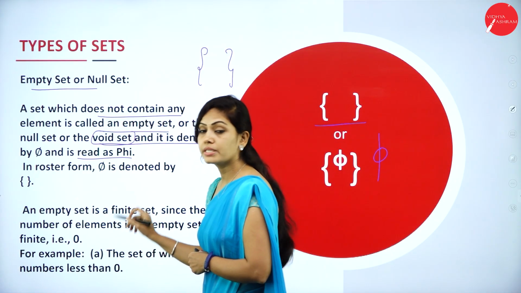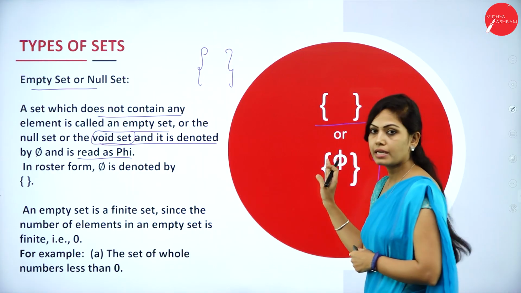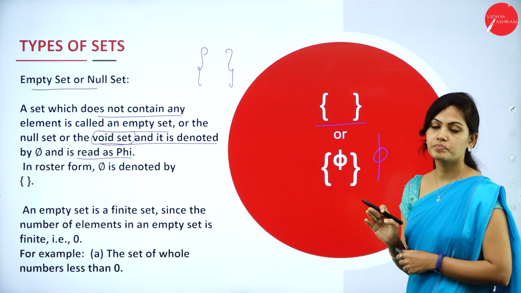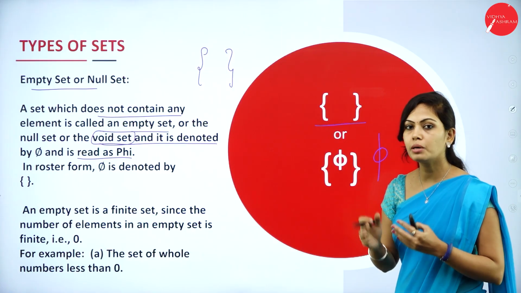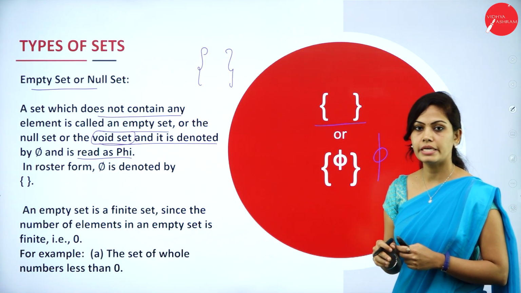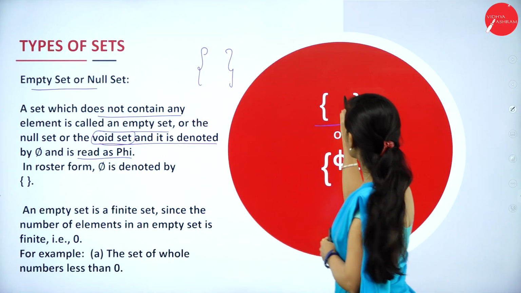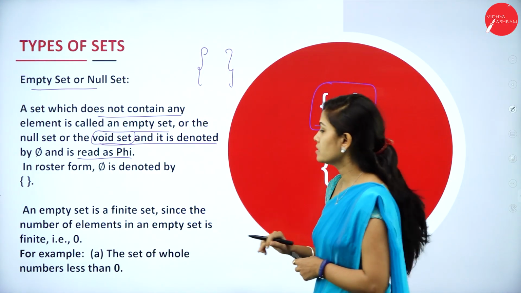An empty set is a finite set. Because there are no elements, we can call it a finite set.